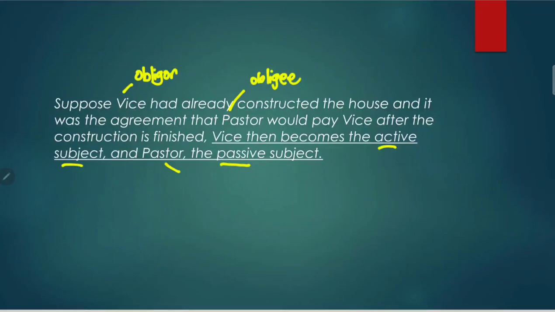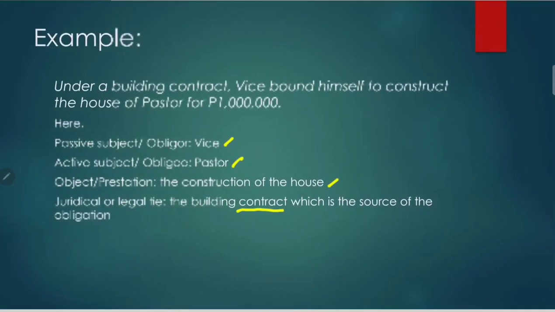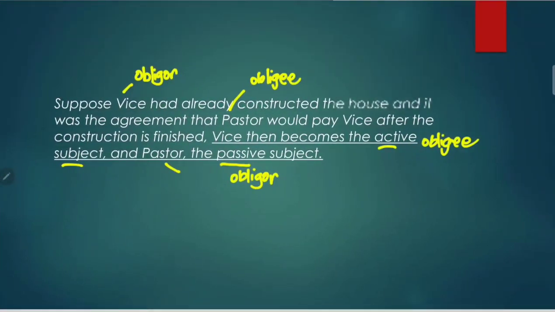Pastor now becomes the obligor kasi siya na yung may duty to pay, and Vice becomes the obligee now because siya na yung may right to demand the fulfillment of the obligation, which is to pay the amount of 1 million. So, ayun. I hope na clear tayo sa essential requisites.